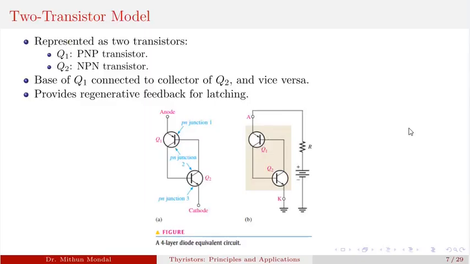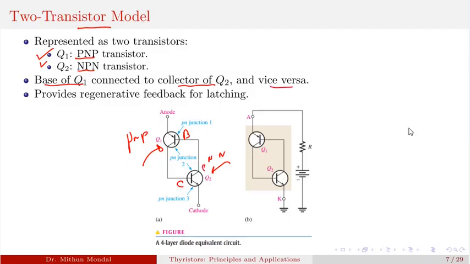This Shockley thyristor is in the form of a two transistor model, having two transistors Q1 and Q2, basically a PNP and an NPN transistor. So here we can see Q1 is a PNP transistor, and the transistor Q2 is in the form of an NPN transistor. The base of transistor Q1 is connected to the collector of transistor Q2 and vice versa.